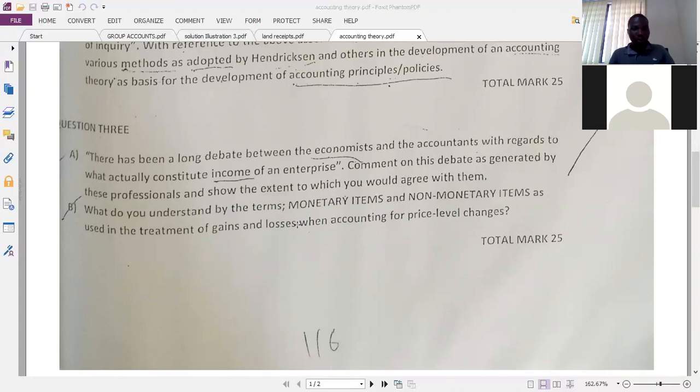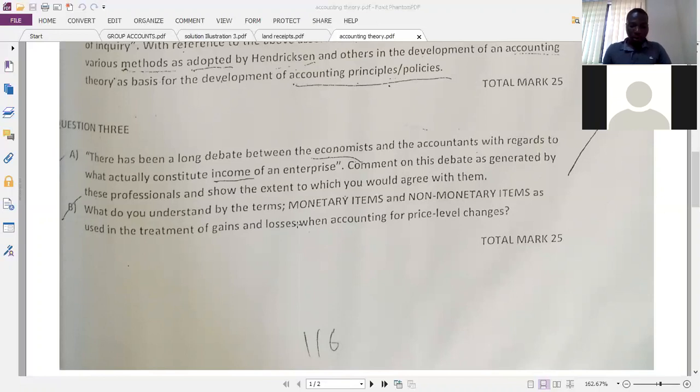Now, of the monetary and non-monetary transactions, we have monetary assets and monetary liabilities, and then non-monetary assets and non-monetary liabilities. So we have two classes of them.